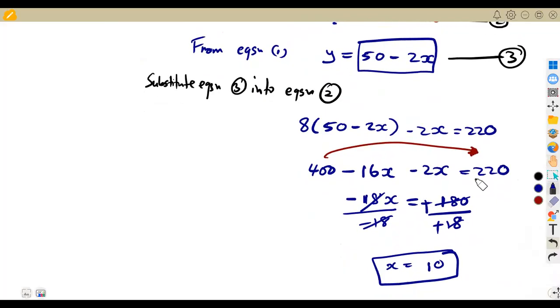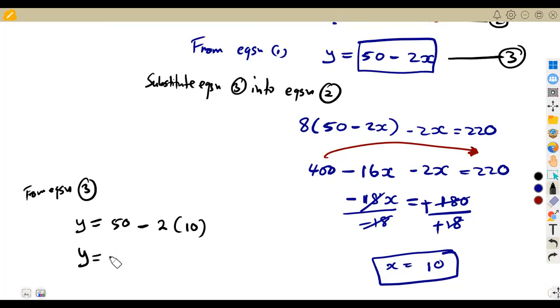Y is the subject of the formula, and you're just going to substitute: y is equal to 50 minus 2x, and your x in this case is 10.